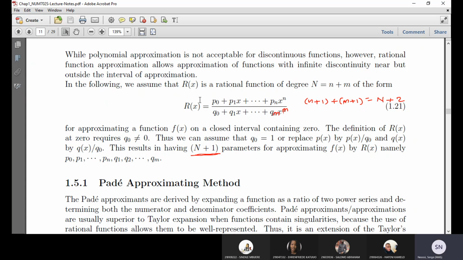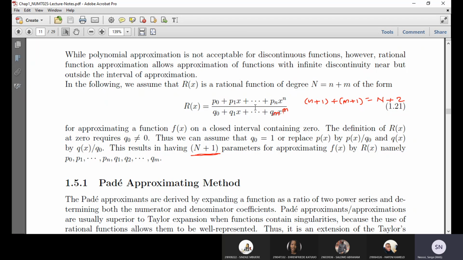Now plus 2 because the number of coefficients in a polynomial is the degree plus 1. So that's why we have N plus 2 parameters. And we saw that this number can be reduced by 1. Since the denominator cannot be 0, we can assume that Q0 is not 0.